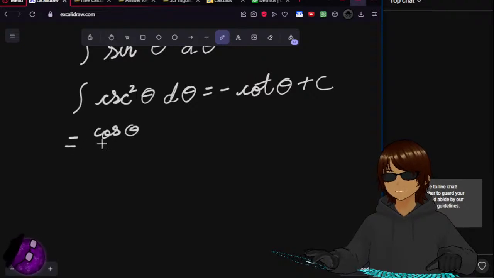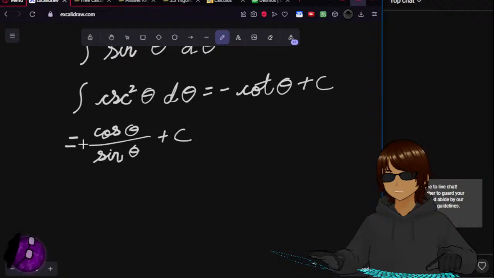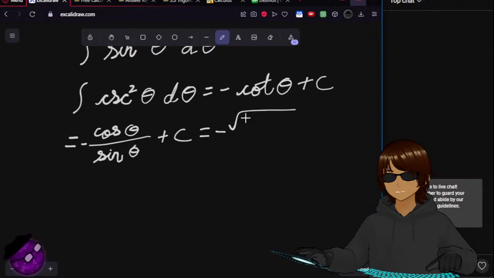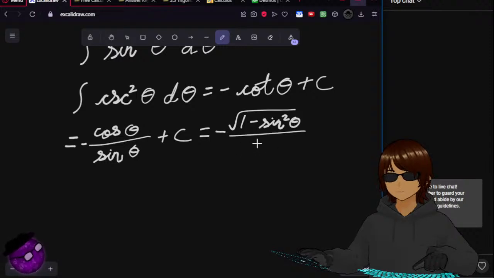So cos theta over sine theta plus c negative. This is just x.